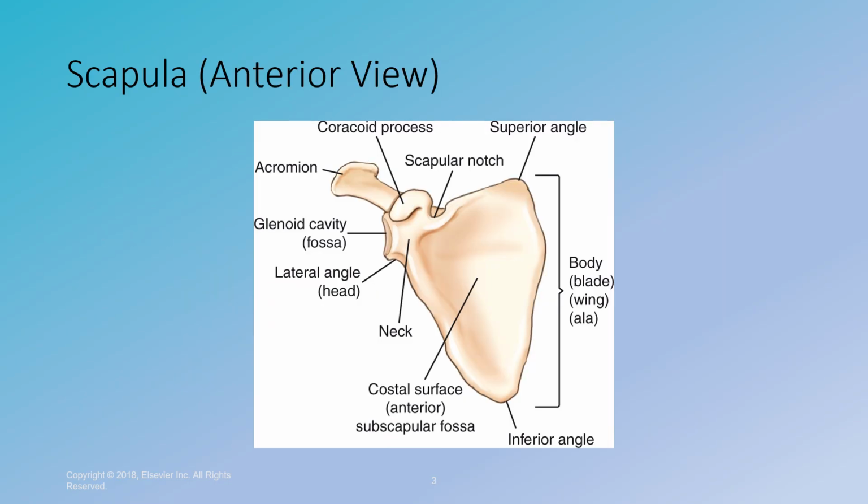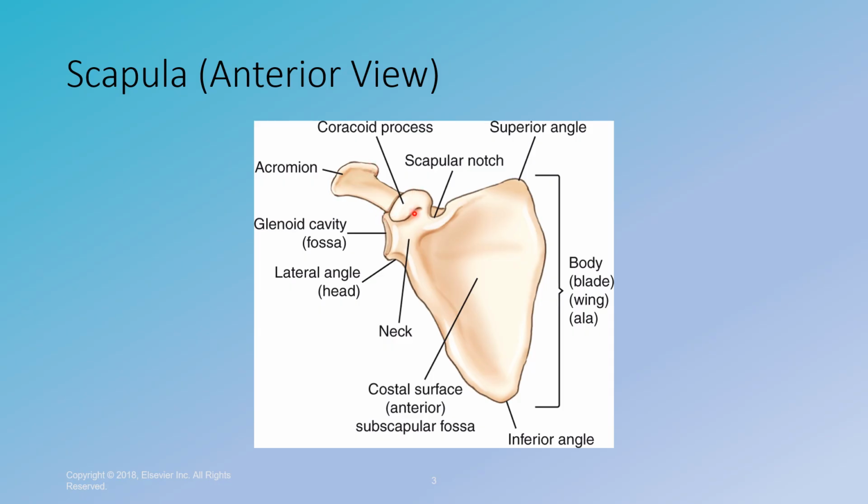This next image is looking at the scapula in an anterior view. This is figure 5.7, and I would say that all of this anatomy is important to know. We looked at the different borders of the scapula. The scapula also has a neck. It has the lateral angle or the head of the scapula, the glenoid fossa where the humeral head sits to form the shoulder joint, and the acromion process, which connects with the acromial end of the clavicle to form the AC joint.